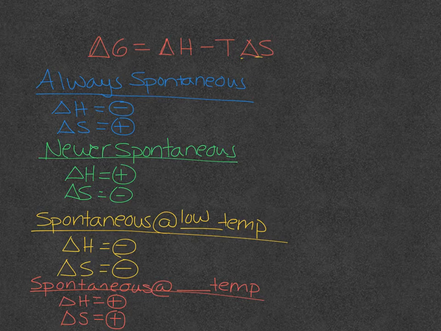So then our last scenario would be when we have delta H being greater than 0 and delta S also being greater than 0. So we would be putting in a positive for delta H and a positive for delta S. So we did not hit on the always scenario for delta H. Super cheesy, but this really helps.